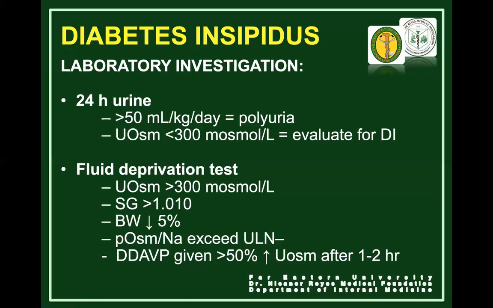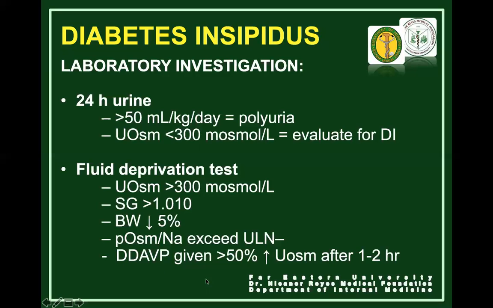This one is both a diagnostic and a treatment test, because if the response is more than 50%, you know that if you give antidiuretic hormone, the patient will respond. Okay, that's the meaning of the increase in urine osmolality after.